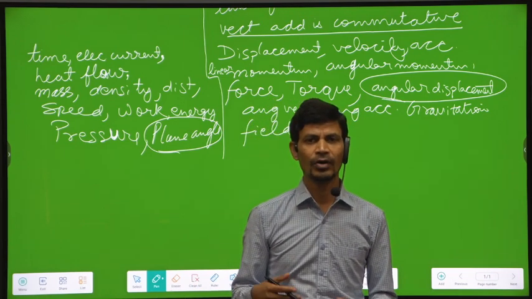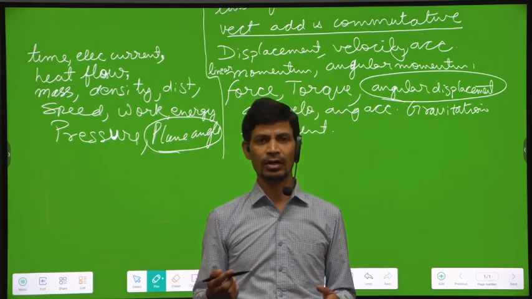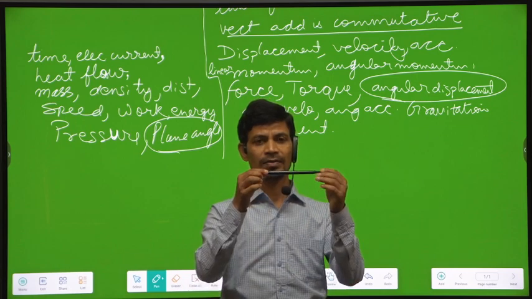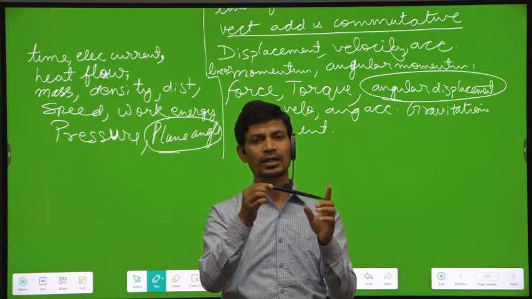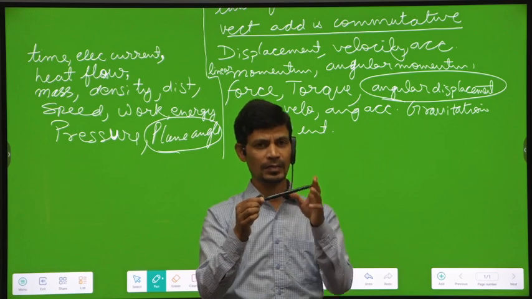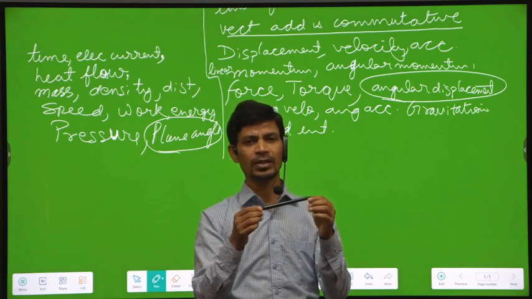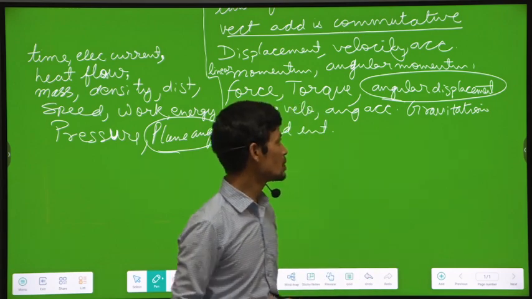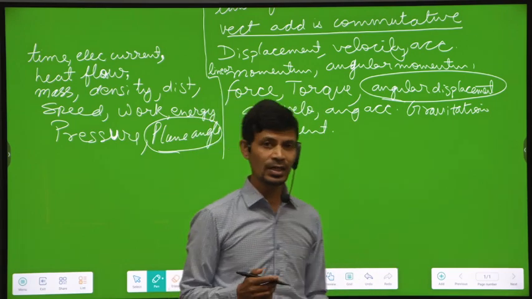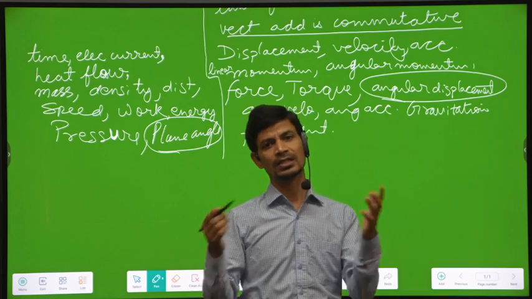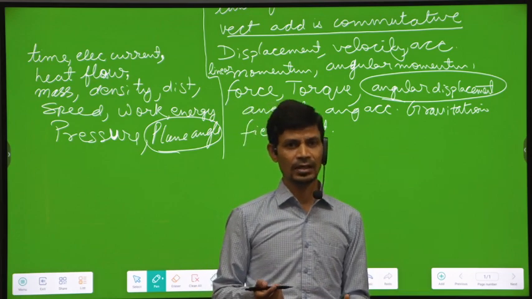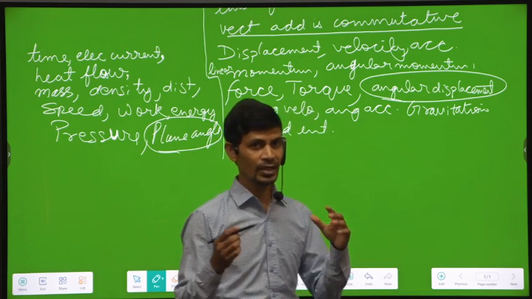If something is turning, then we will measure angular displacement. This angular displacement can be a vector as well as a scalar depending upon its size.